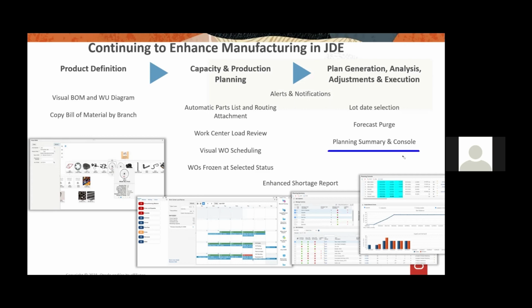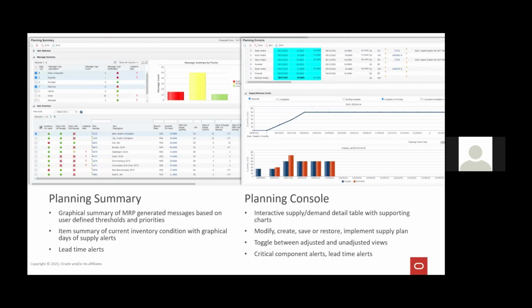So that's what you're going to see as we get into this today, this piece of enhancement in JD Edwards. The resource summary and planning console views are delivered to you in release 22 with tools 9.2.6.